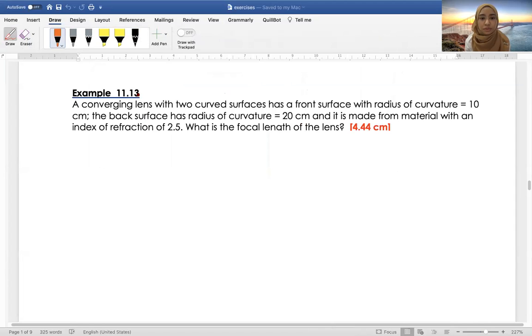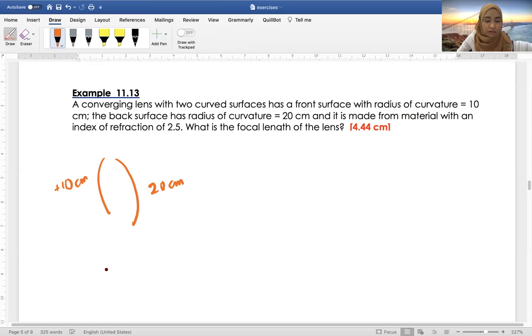Okay, a converging lens with two curved surfaces has a front surface with a radius of curvature of 10 centimeters. So it's a positive 10 centimeters, and the back surface has a radius of curvature of 20 centimeters, made from a material with index of refraction of 2.5.